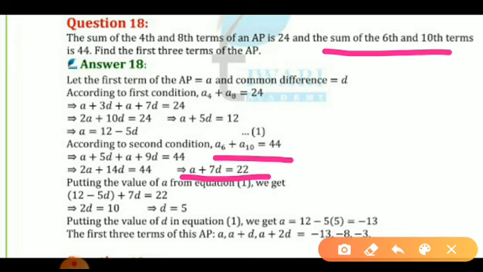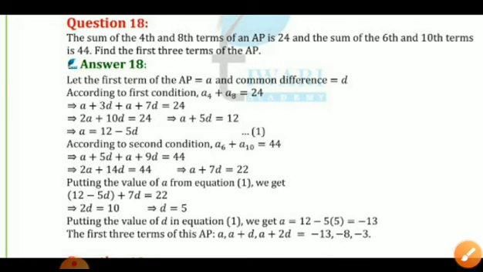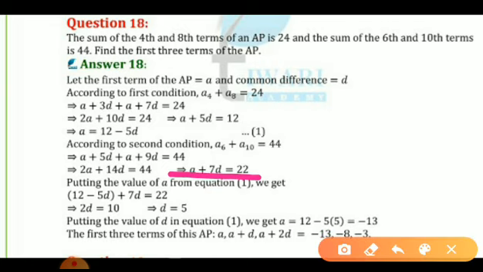So by the substitution method, you can solve for the values of A and D. It is not compulsory to make use of the same method itself. You can use any other method to solve A and D. So if you substitute the value of A in this equation, you will get the value of D as 5.